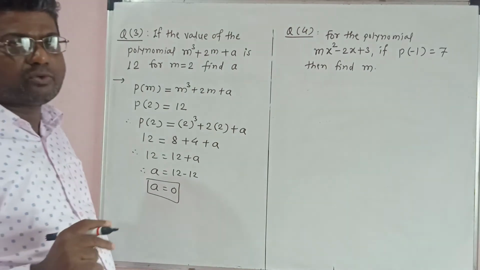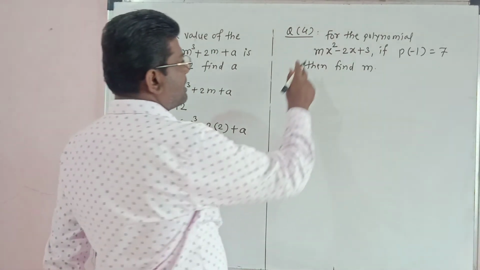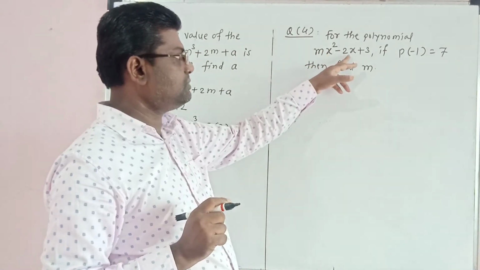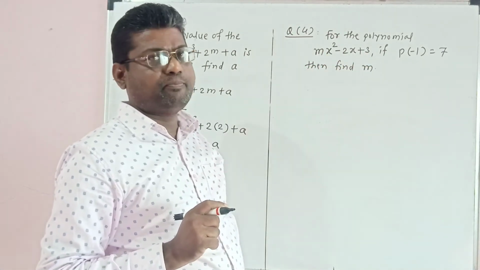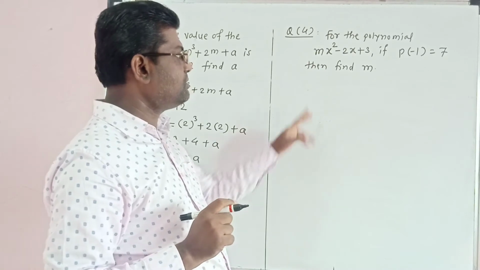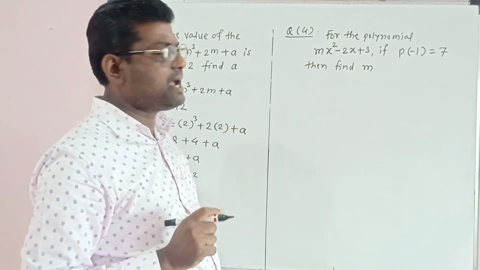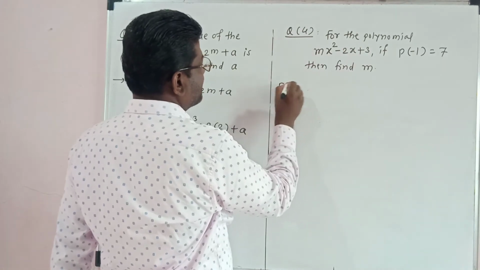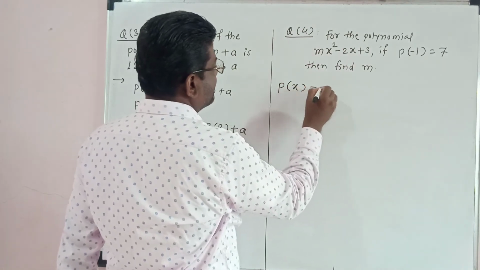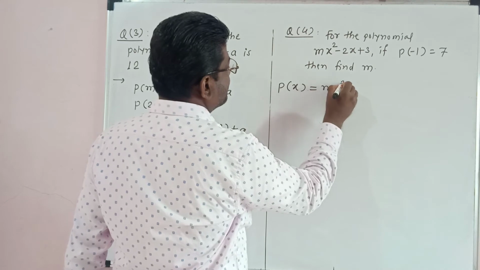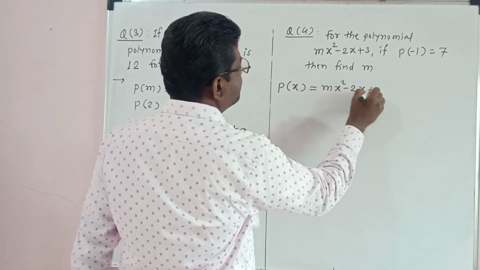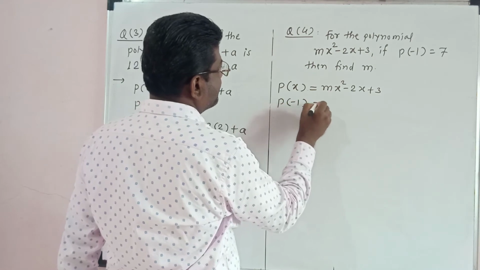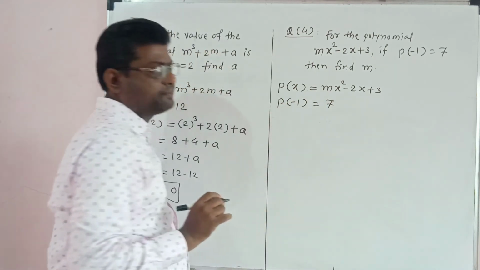Now question number 4. Here given polynomial is mx square minus 2x plus 3 and p of minus 1 is equal to 7. Then find the value of m. Here variable is given x, therefore we write p of x is equal to mx square minus 2x plus 3, and we have given p of minus 1 is equal to 7 here.